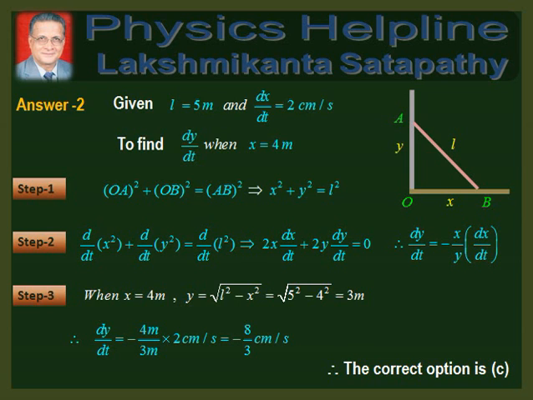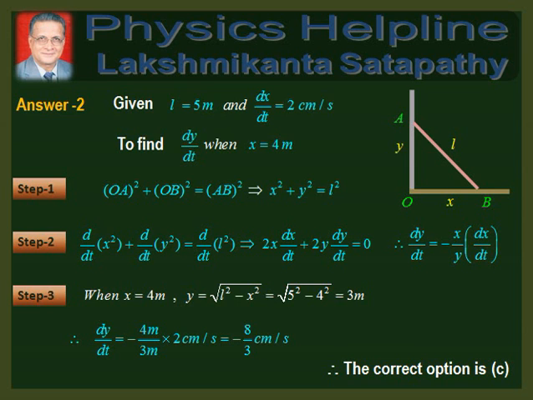It is given in the question that L is equal to 5 meters and the bottom of the ladder B is moving towards right at the rate of 2 centimeters per second. Therefore, rate of change of x is dx by dt is equal to 2 centimeters per second.